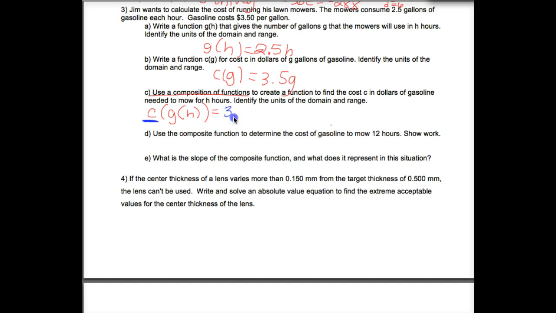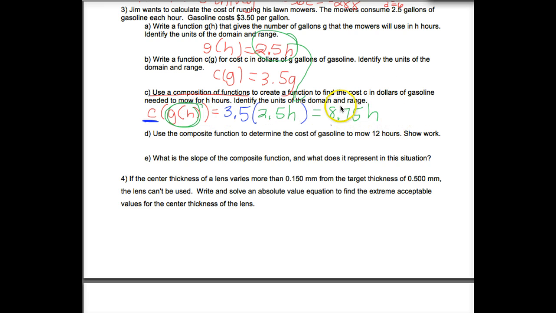So I do 3.5 times my variable, which is what I'm going to now substitute in here. So G of H is what has to go in the parentheses, and G of H is 2.5H. So this is a composition of functions. I can simplify that by multiplying 3.5 times 2.5. So that gives me 8.75H is my C of G of H function.